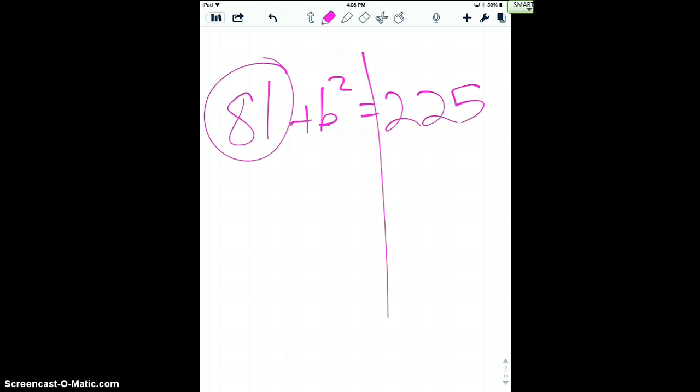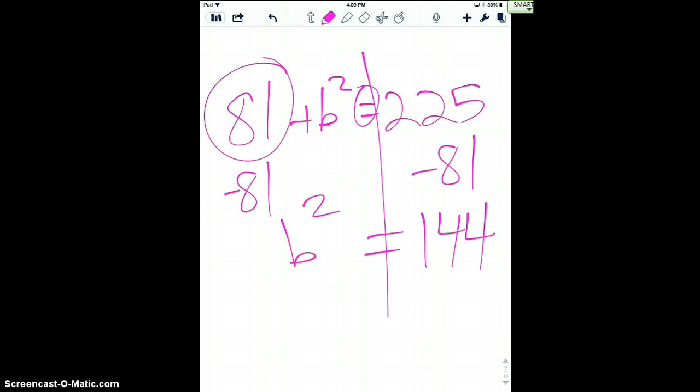I need to get this 81 to go bye-bye. So I'm going to add its opposite. I'm just going to subtract 81. And then it's gone. But if I do that to one side of the equation, to keep it equal I need to do it to the other side. So I'm going to get b squared to equal 225 minus 81, which if you subtract correctly is 144.